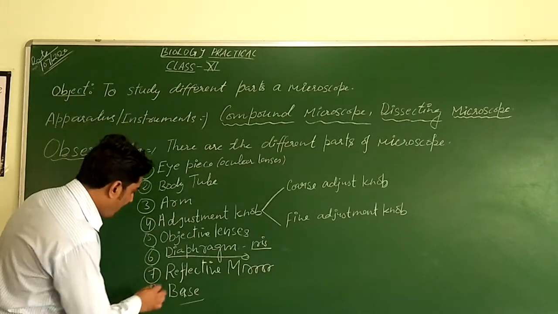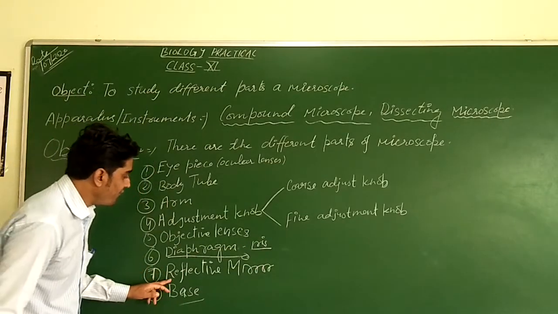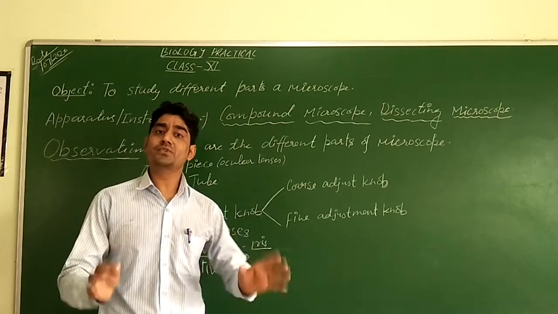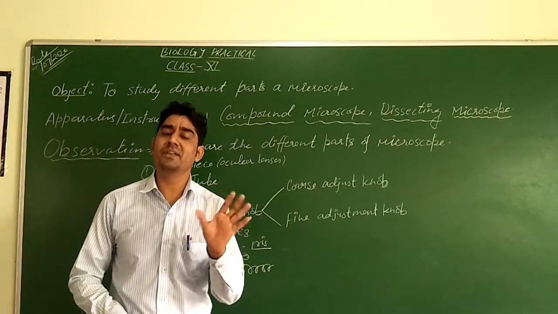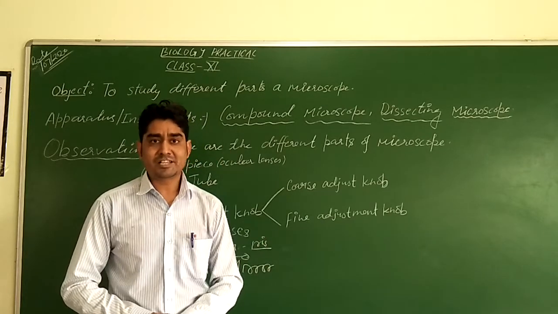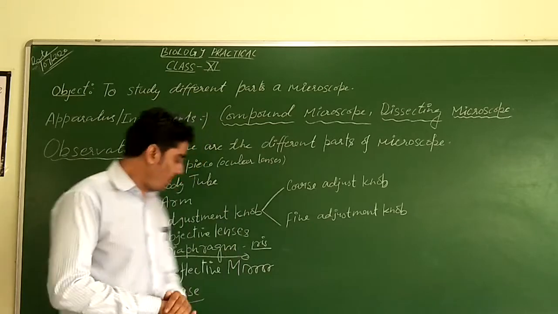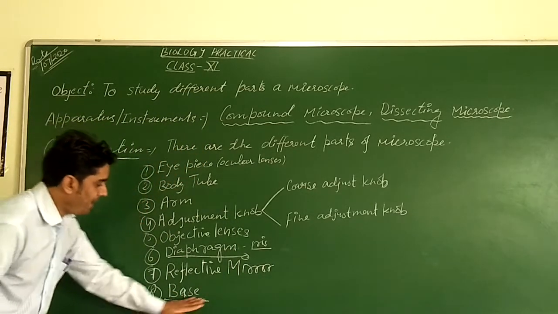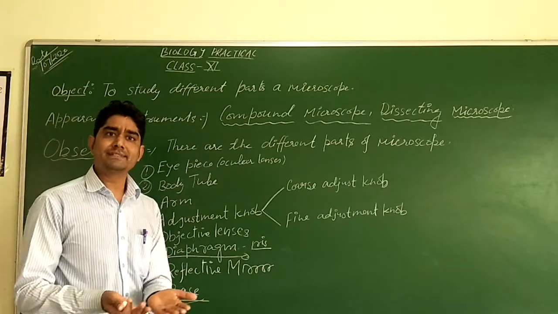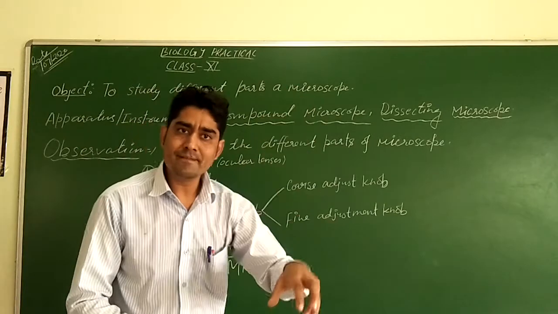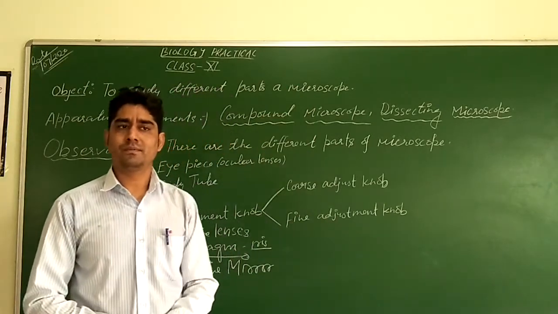Now the next is the refractive mirror. The microscope also contains a refractive mirror. What is the function of the refractive mirror? We will explain in the demonstration of the microscope. Now the next and last part is the base, which holds the whole microscope. So these are the major parts of the microscope.